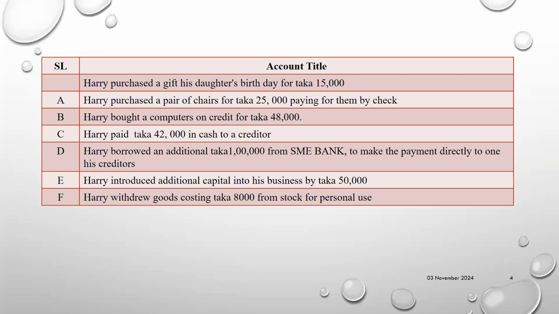All types of payable are credit and liability. So on credit means payment in the next period. It is a kind of liability. Does the liability increase or decrease?